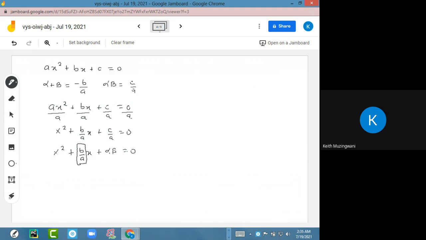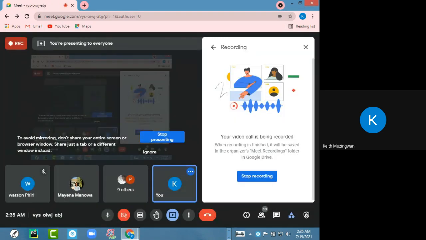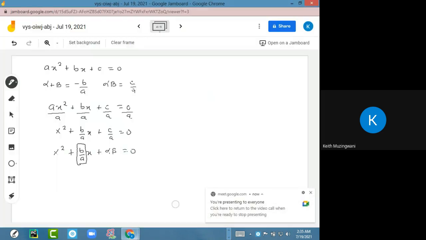So we also want to put alpha beta here. How do we put it? If you look at what we have here, alpha plus beta is equal to negative b over a. But what we have here is b over a.